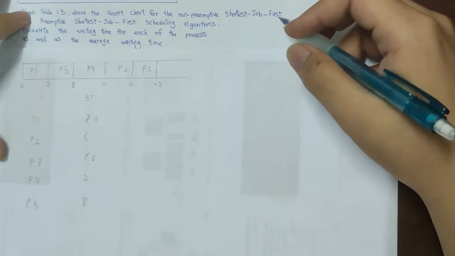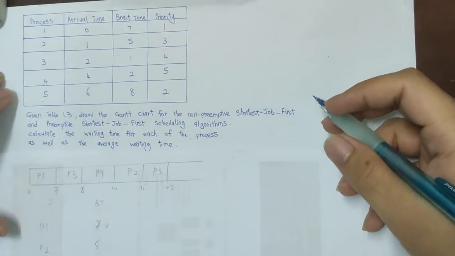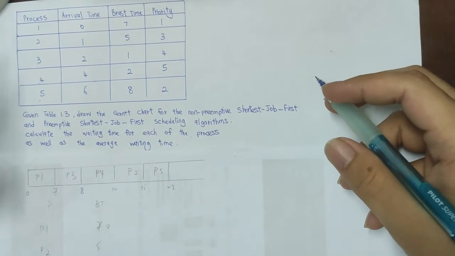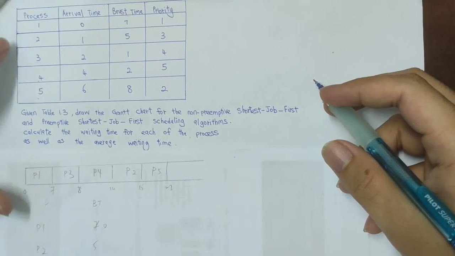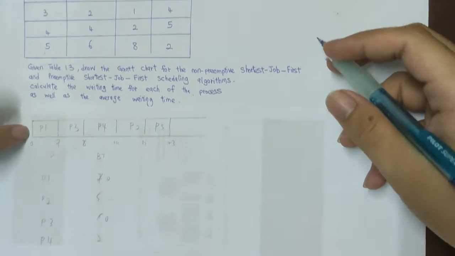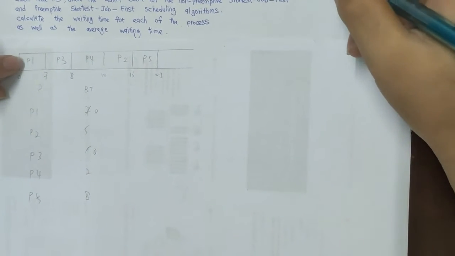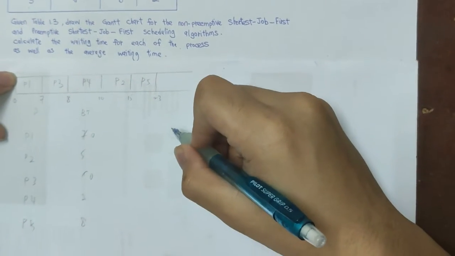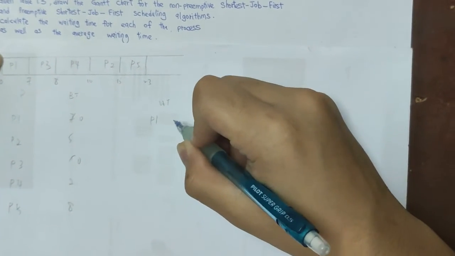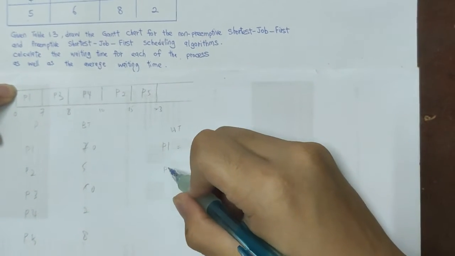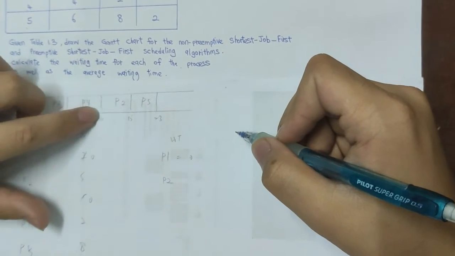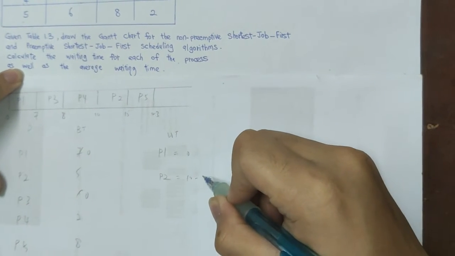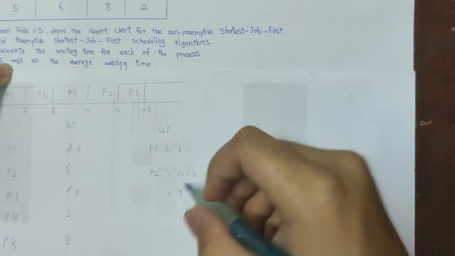After this, we need to calculate the waiting time. The formula of waiting time is the difference between the beginning time of the process and its arrival time. Process 1 arrives at 0 and begins at 0, so the waiting time of P1 is 0. P2 arrives at 1 and begins at 10, so 10 minus 1 equals 9.